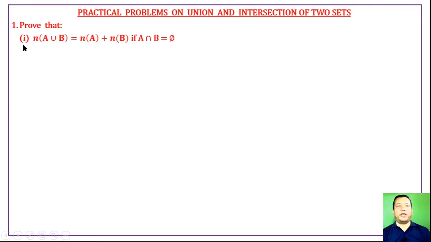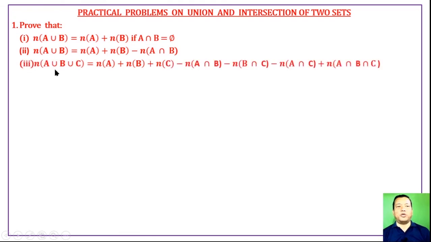Prove that n(A union B) is equal to n(A) plus n(B) if A intersection B is phi. 2. n(A union B) is equal to n(A) plus n(B) minus n(A intersection B). 3. n(A union B union C) equal to n(A) plus n(B) plus n(C) minus n(A intersection B) minus n(B intersection C) minus n(A intersection C) plus n(A intersection B intersection C).